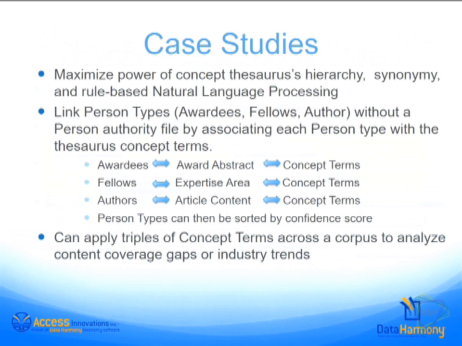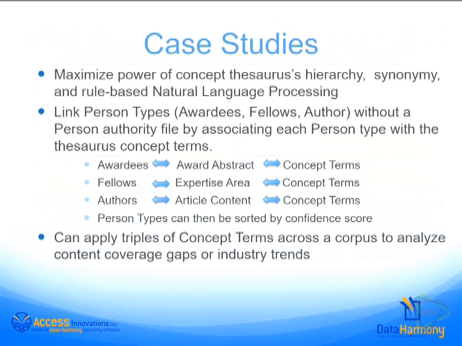The data doesn't have to be just journal articles, but could be any number of other things like awardees or fellows or some kind of people. It could be events, could be any kind of things. And then you can apply the triples statements to them across the corpus.